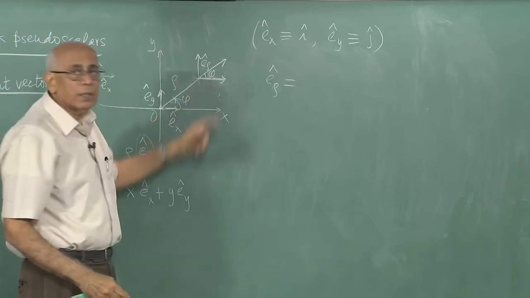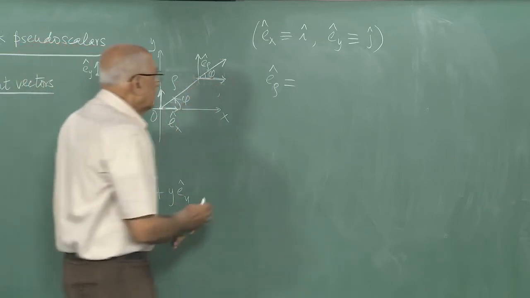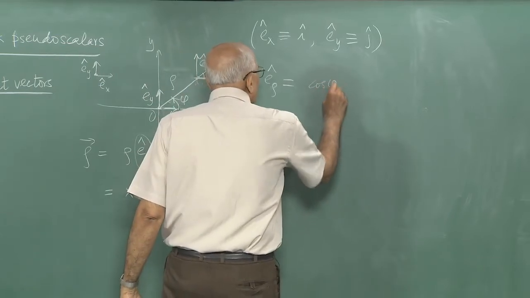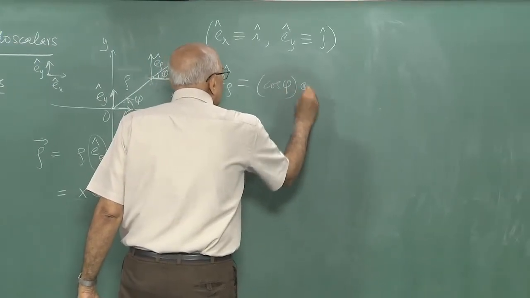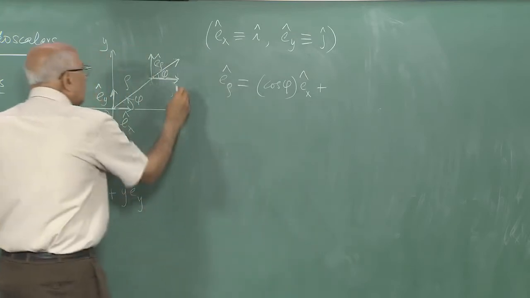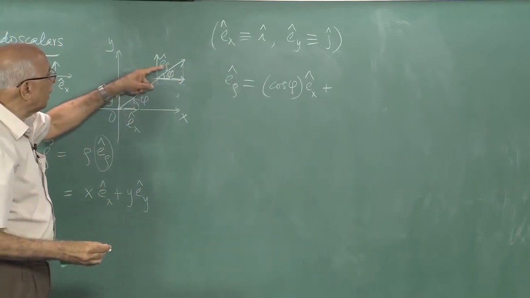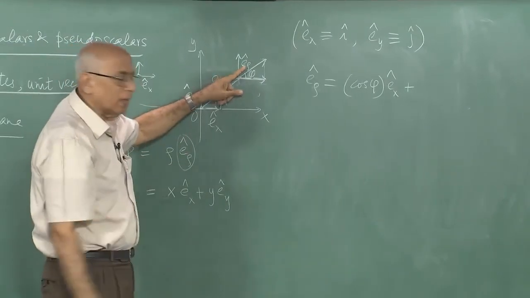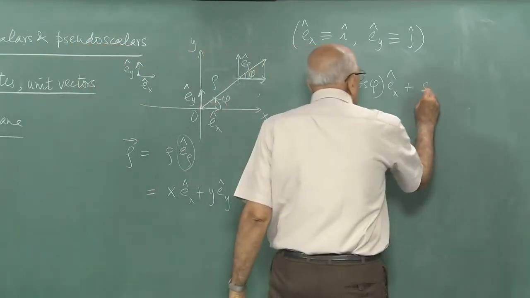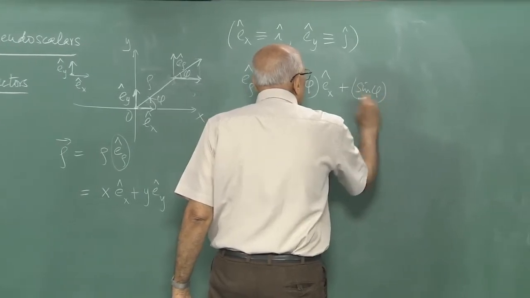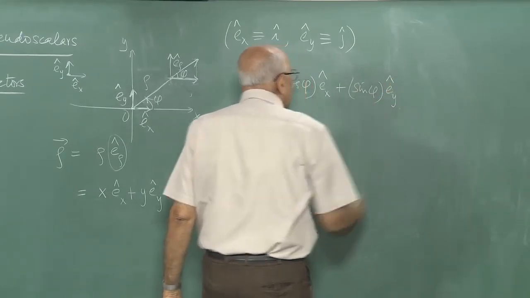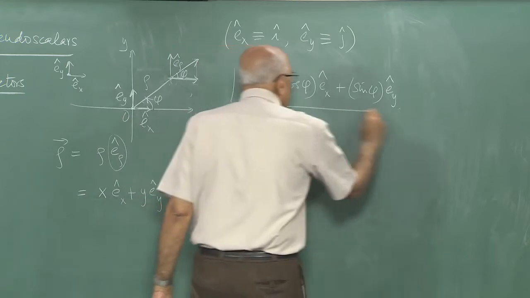Therefore, the x component is just cos phi, so this is cos phi times Ex plus, and the vertical component is sin phi, because this distance divided by 1 is equal to sin phi. So this is sin phi times Ey. That is a basic relationship.